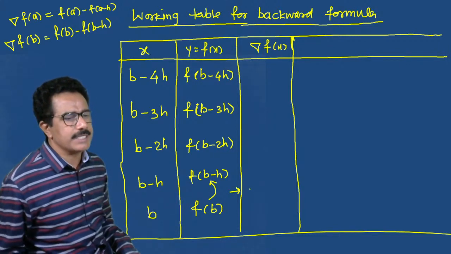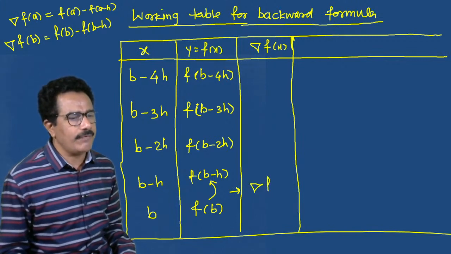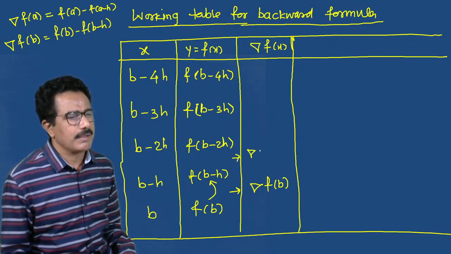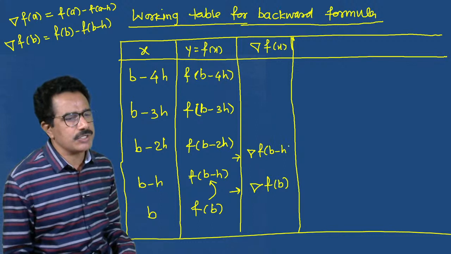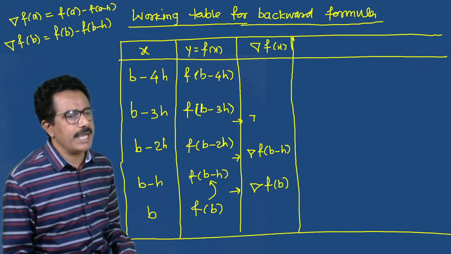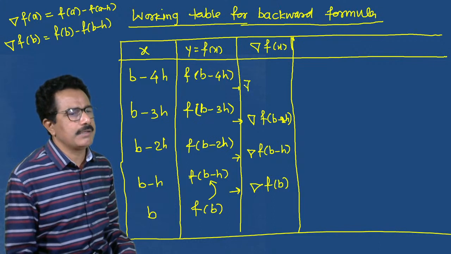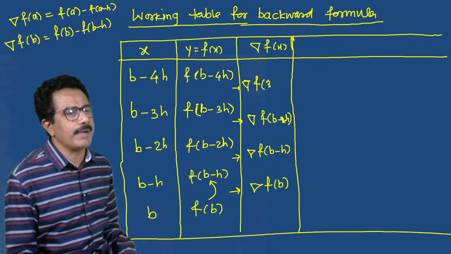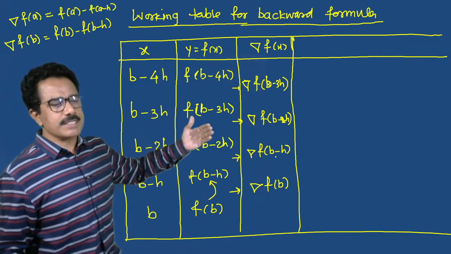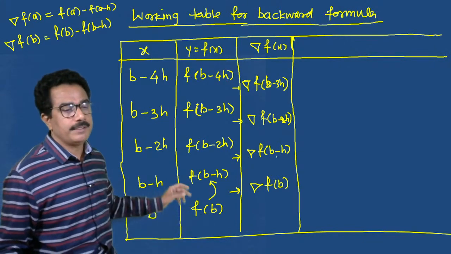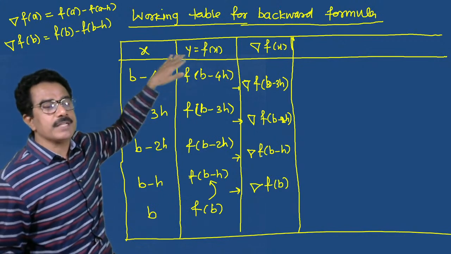Then we get the result del f of b, del f of b minus h, this will be removed, del f of b minus 2h, and this will be del f of b minus 3h. That means in backward differences the higher order differences of the last entry are obtained, of the last entry. That means the first entry gets removed, b minus 4h removed.